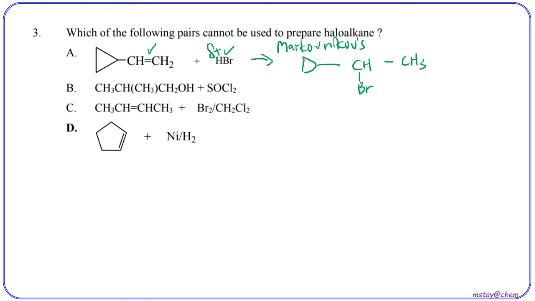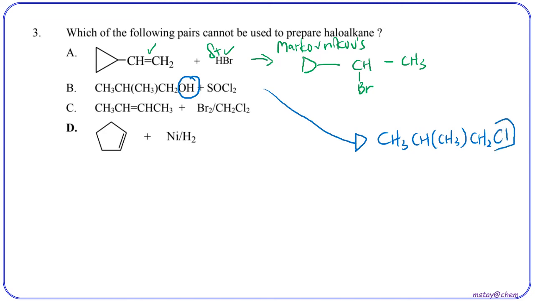Okay, and then for the B, this one we haven't learned yet, but we will learn this in the chapter on alcohol, when the functional group OH meets SOCl2, the product produced will be CH3CHCH3CH2, where the OH is replaced by the Cl.